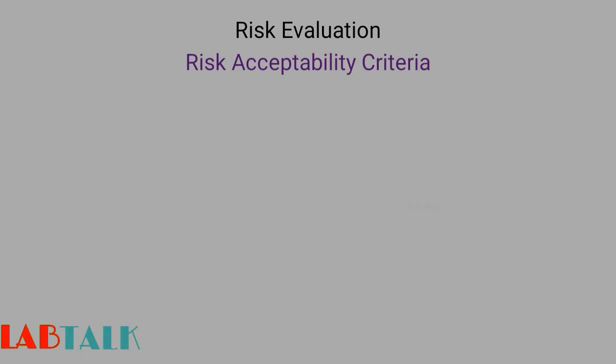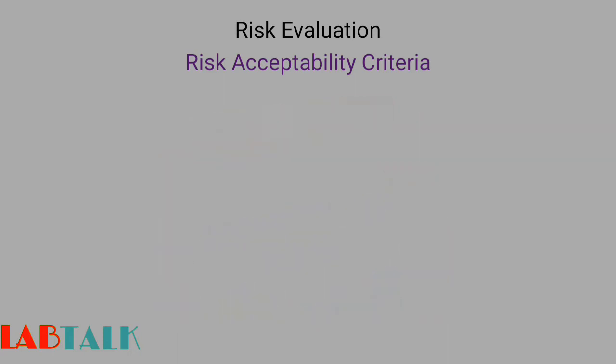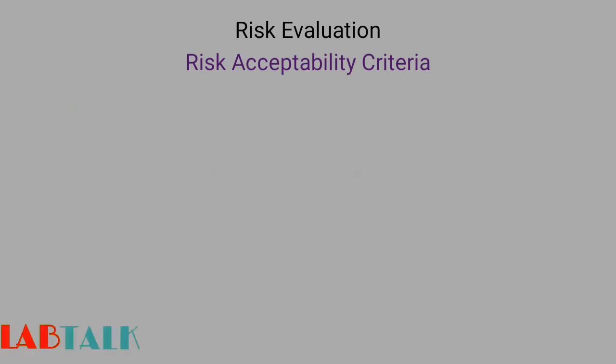Basically, the laboratory itself has to define its own policy on what levels of risk can be considered acceptable, and depending upon that policy the laboratory has to prepare a document and get it approved by the laboratory management for individual risk and the overall residual risk, so that the acceptability criteria for risk get properly documented.